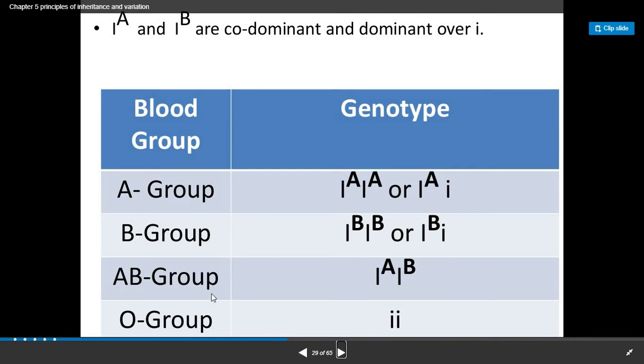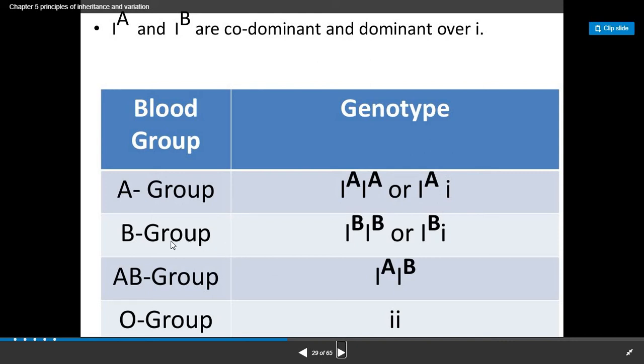Here you can see the different blood groups are given: A group, B group, AB group, O group. For blood group A, the genotype will be IAIA or IAi, because as we have seen earlier, whenever IA is present along with small i, the IA character will express and small i is recessive.